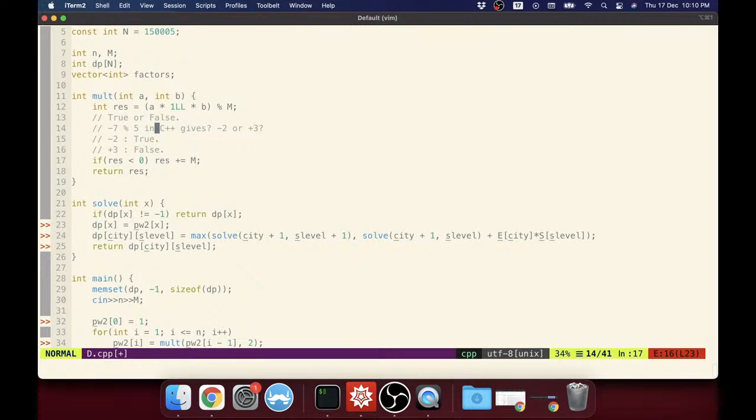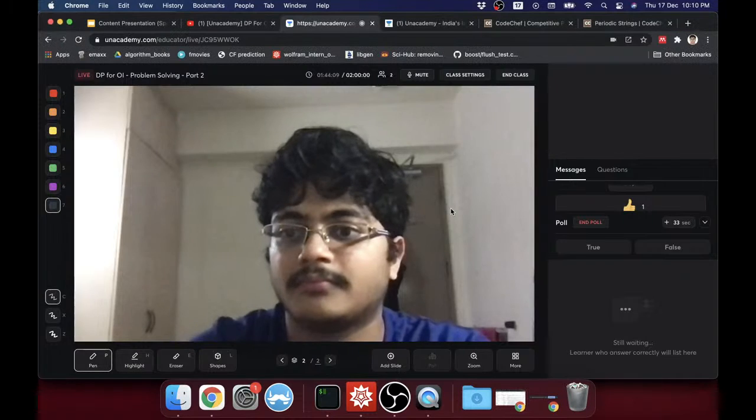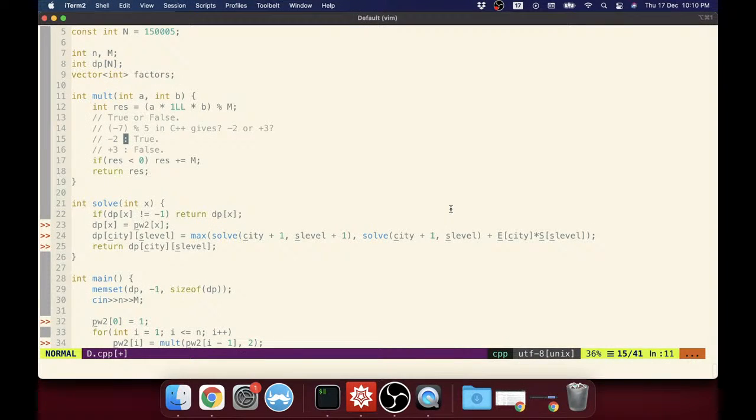Which one do you think will happen when you do -7 mod 5 in your C++ code? You have brackets, so don't worry about the bracketing. Will it give you -2 or will it give you +3?